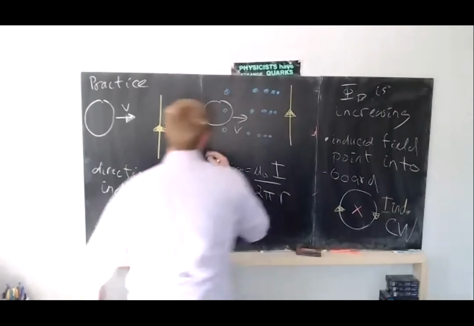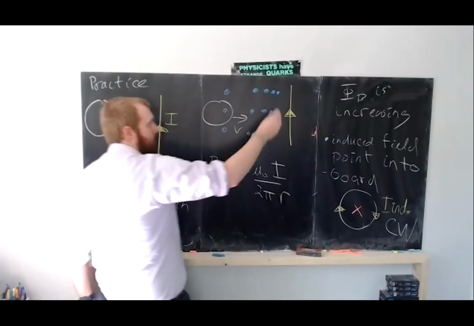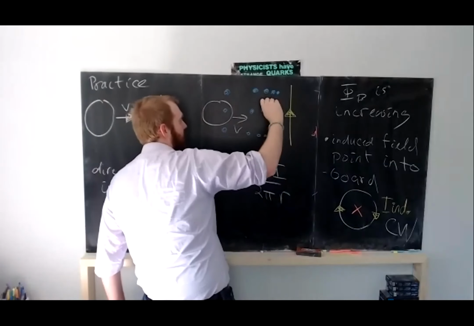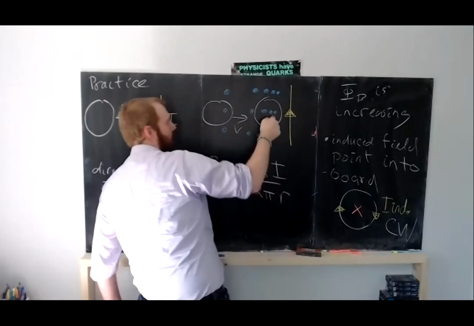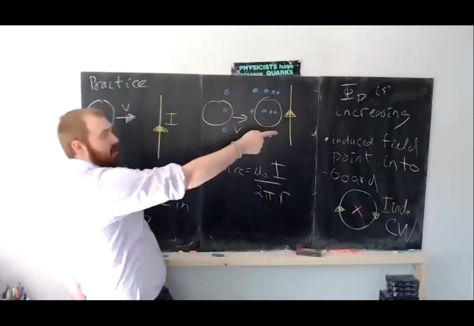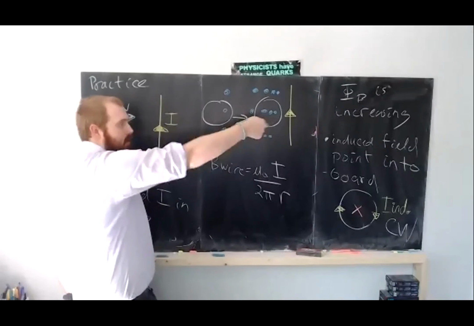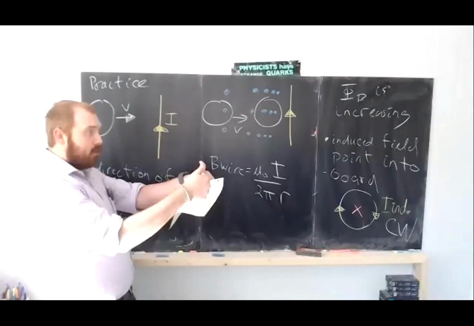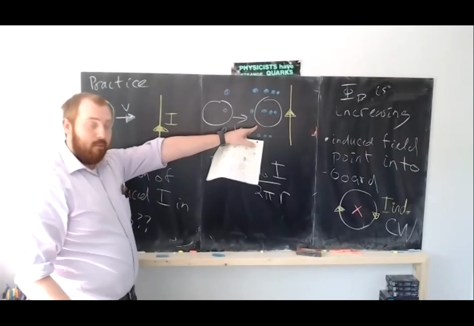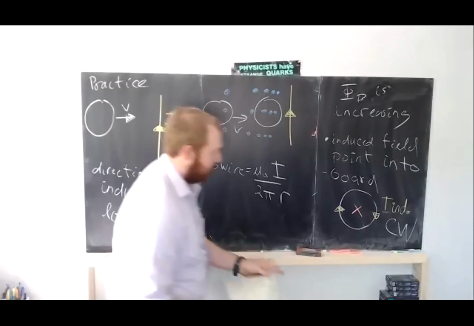So, go back to the loop. The loop sees little magnetic field, and a second later, as it gets closer, lots of magnetic field. So that's what I mean by flux has increased. It only had one dot, now it's got 3. So the flux increased, which means this loop wants to create a field in the opposite direction.